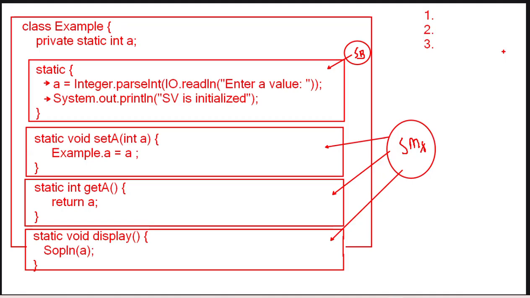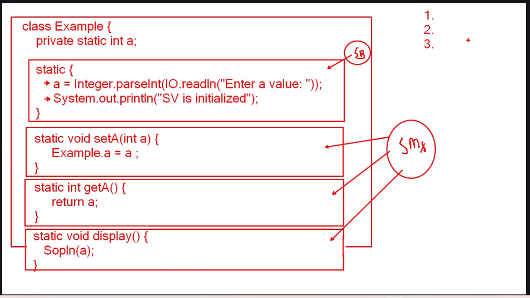For example, the static block creation statement. Class example, open bracket, static, open bracket, inside static block dash, dash, dash, close static block, close class.